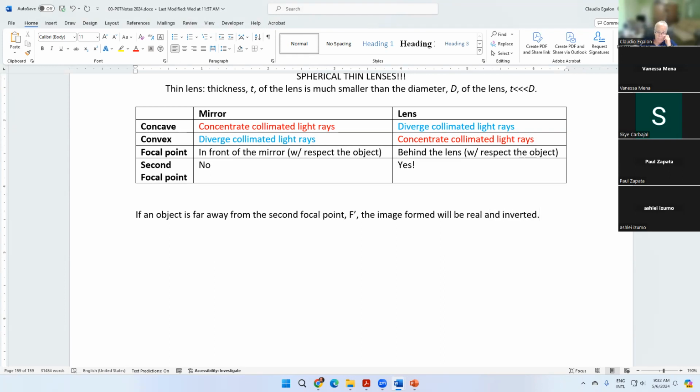Okay? Real and inverted. Whether it's going to be magnified or not is going to depend on the distance of the object.